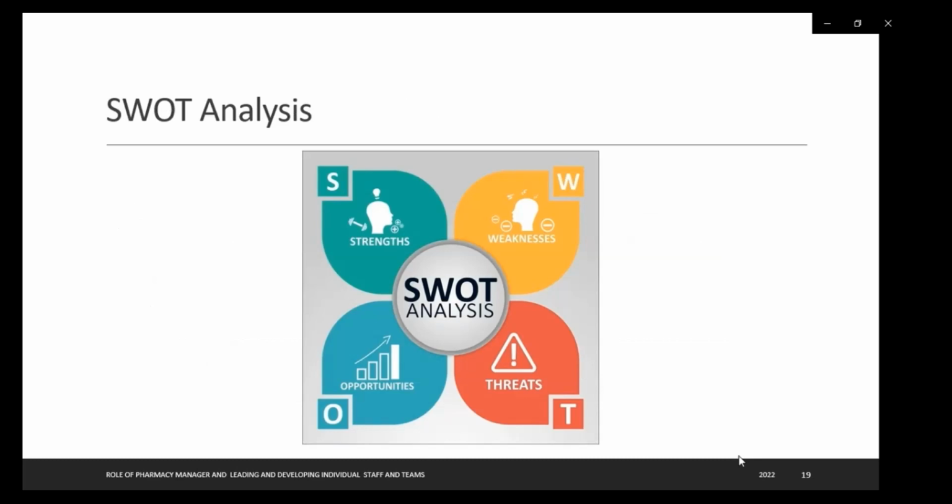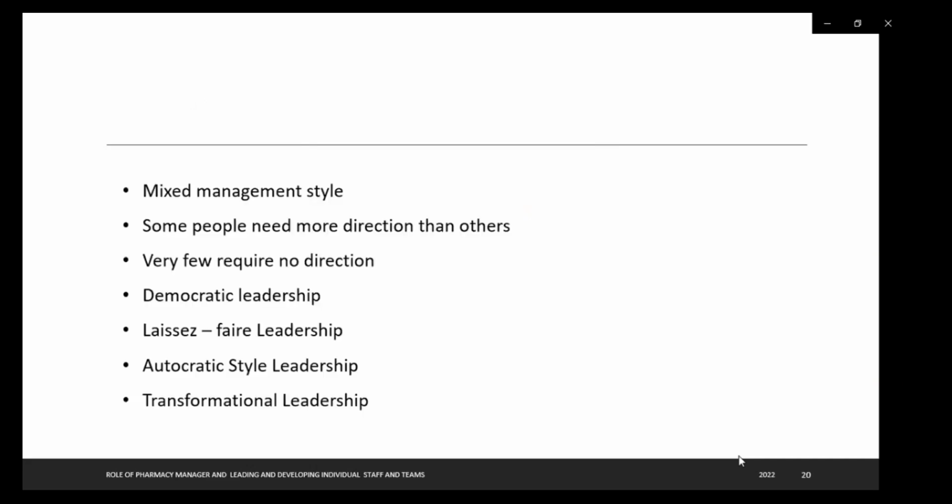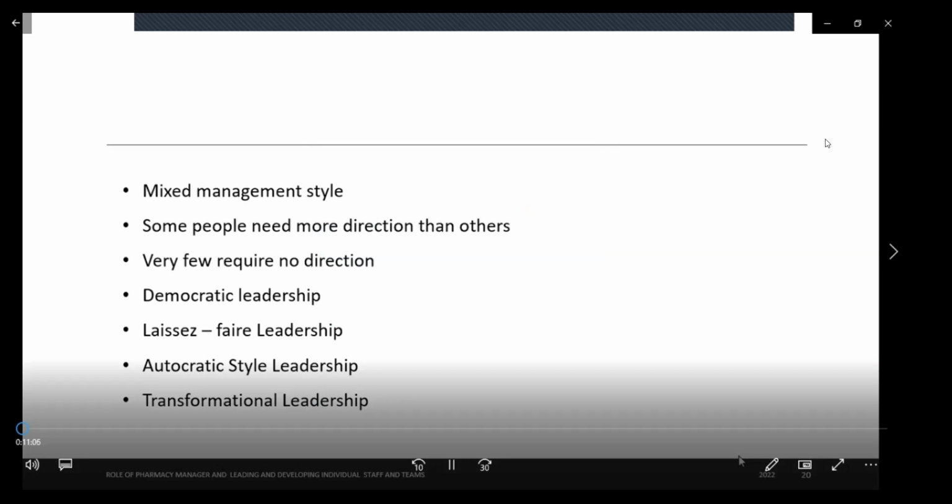When I evaluate myself with the leadership styles, I have used several leadership styles in my working history. Some people need more direction than others, and a few require no direction at all.